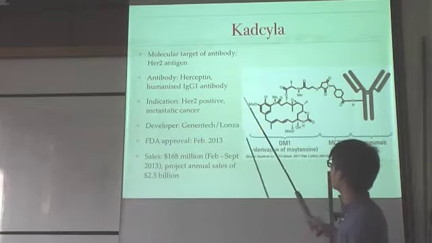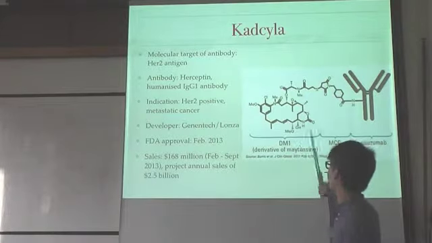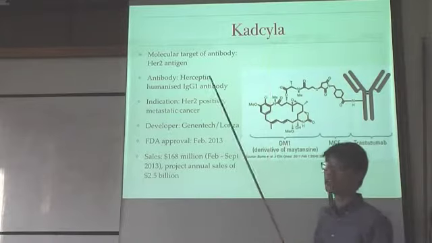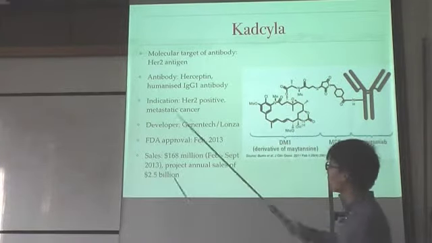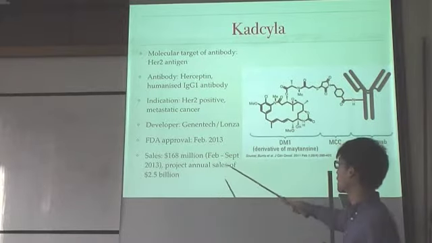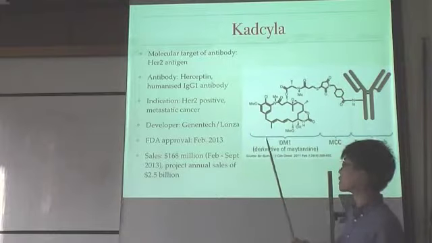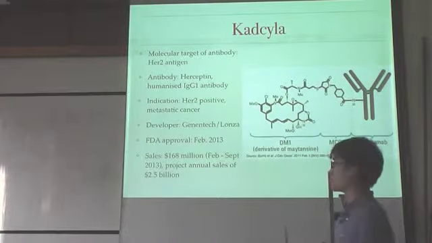What's different between Kadcyla and Herceptin is that we have a linker and a DM1, which is a cytotoxic agent targeting microtubule formation. It was only approved back in February 2013, and since then, within this period, it has already generated over $160 million in sales, with a projected $2.5 billion per year.